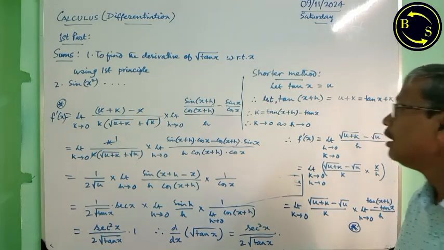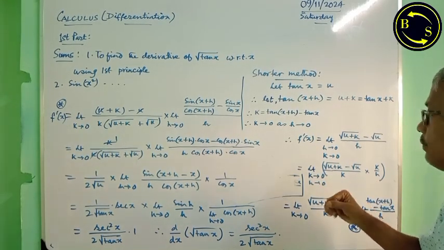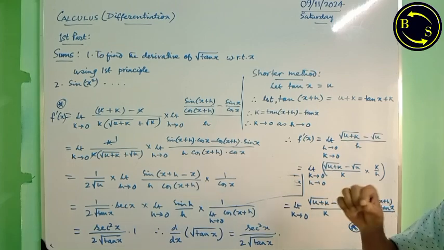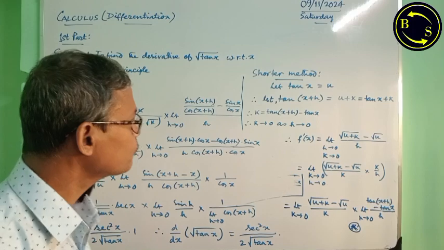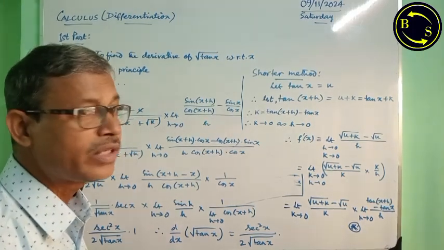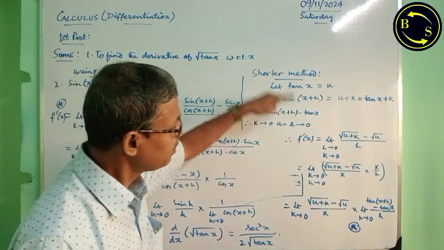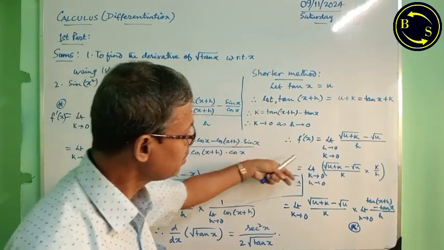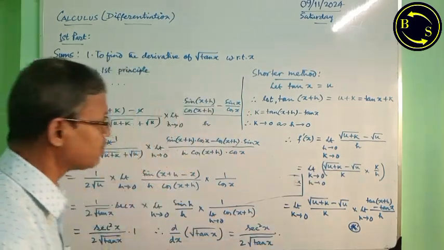Then from the original form using the definition we got f dash x is equal to limit h tends to 0 of root over tan of x plus h minus root tan x divided by h, and after this assumption the reduced form will be this one, and I have proceeded like this.